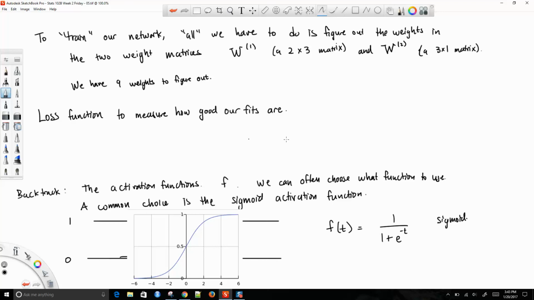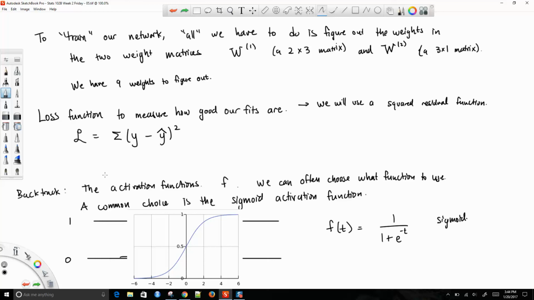So we need a loss function to measure how good the fits are, so we will use a squared residual function. We will say our loss is going to be the difference between our actual value minus our y hat, squared, and then we'll sum these up.